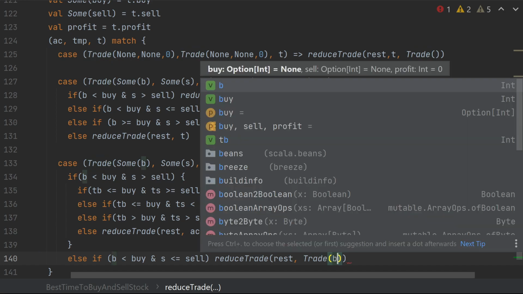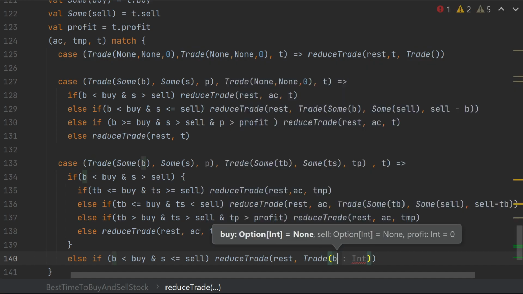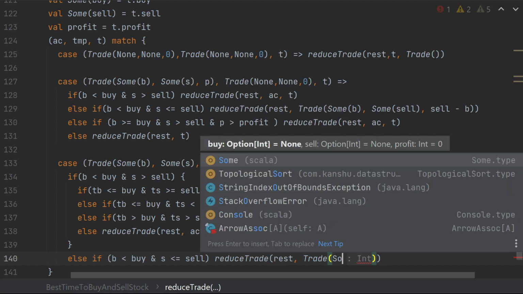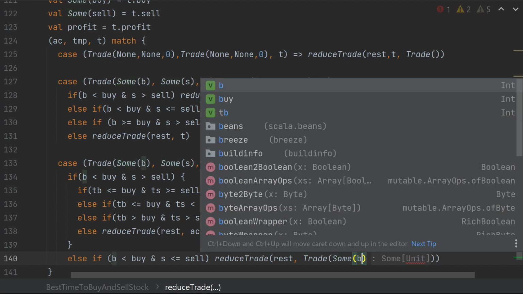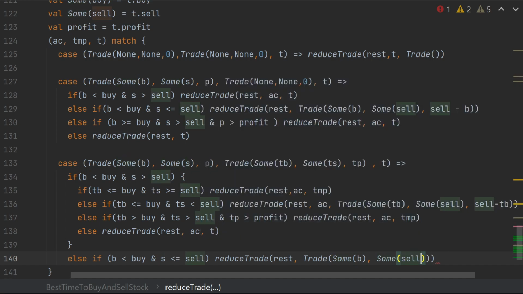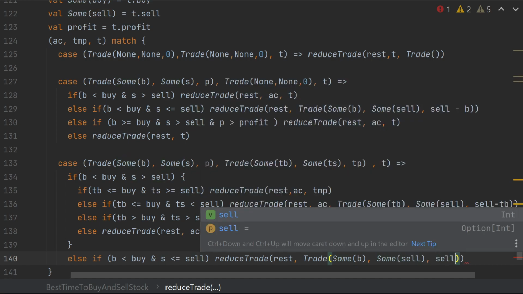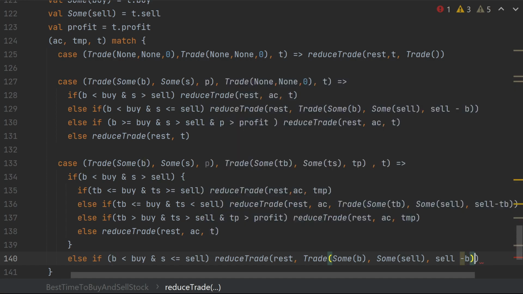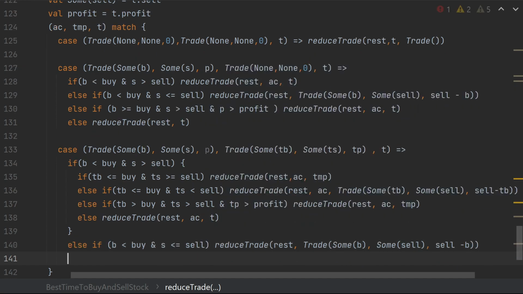It is going perfectly smooth, so we are going to add this new sale to the trade. We are making more profit. All right, so now it's going to be sum of sell and then sell minus b. So again we have done reduce, so we don't need to add, the buffer will clear itself. We don't need the buffer now.